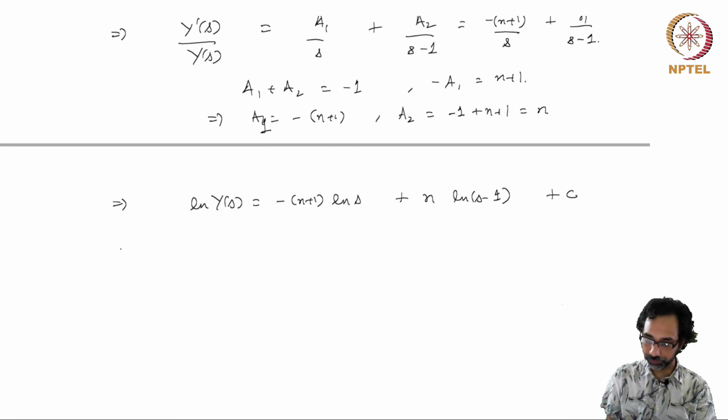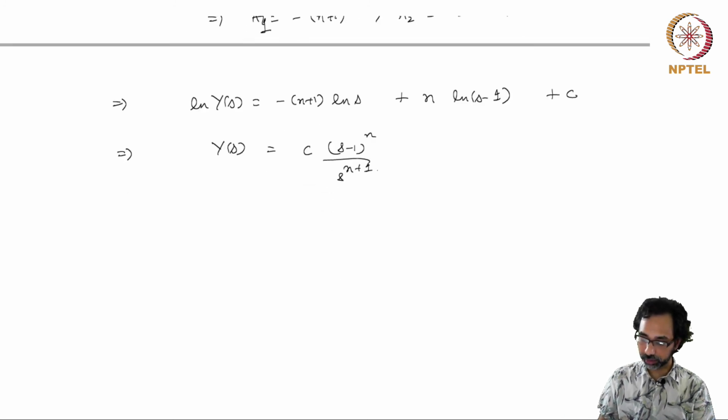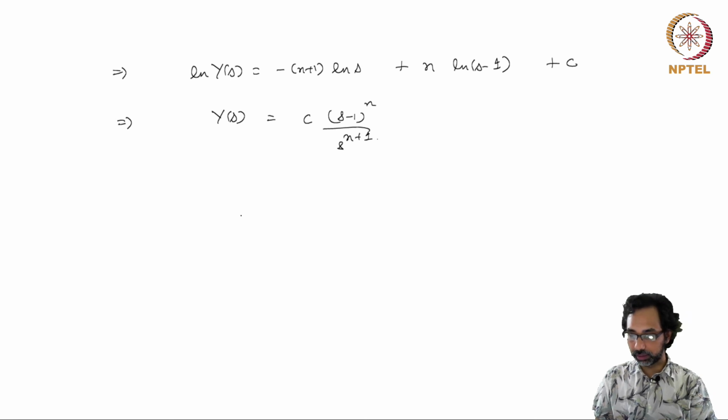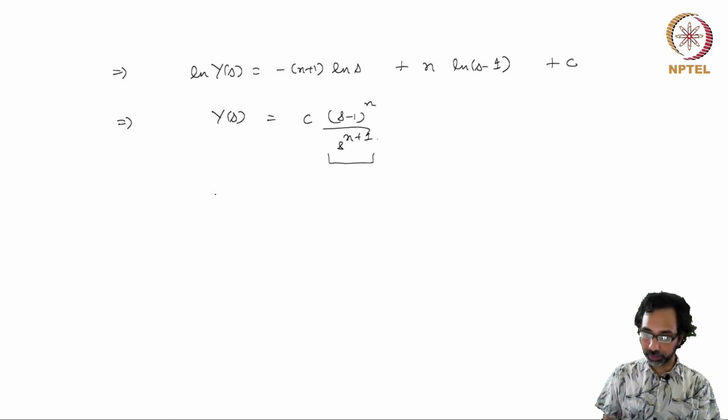We can take them together to get Y(s) equals some constant c times (s minus 1) to the power n over s to the power n plus 1. Now again, we have already computed the Laplace transform of Laguerre polynomials, which gave us this answer (s minus 1) to the power n over s to the power n plus 1.